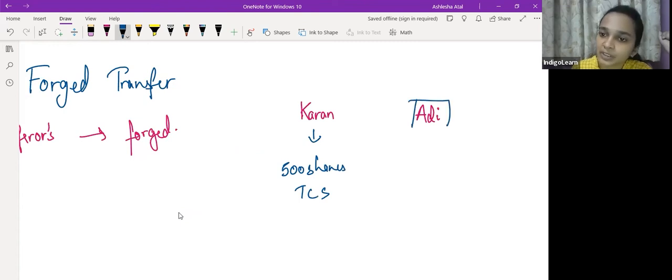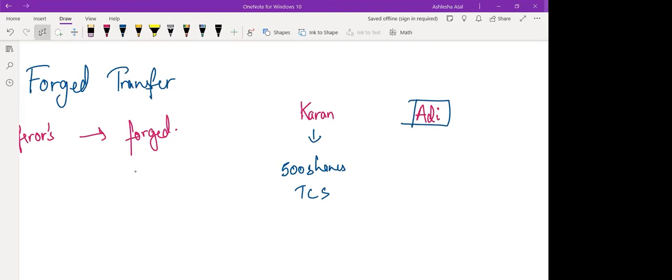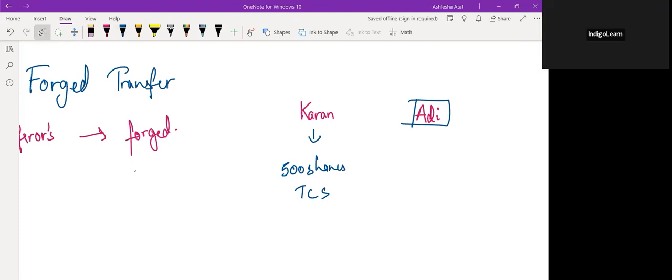Adi knows about it and Adi is greedy. Yes, he is Karan's son, but still he says, dad has these 500 shares and is not transferring them to me, so I will have to do something so that I get these shares registered in my name.